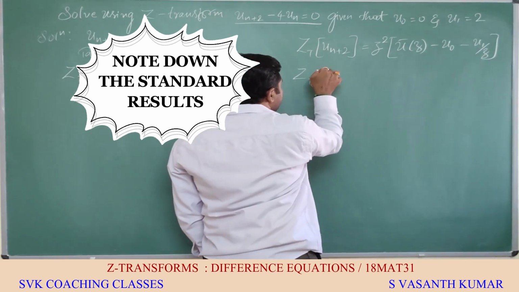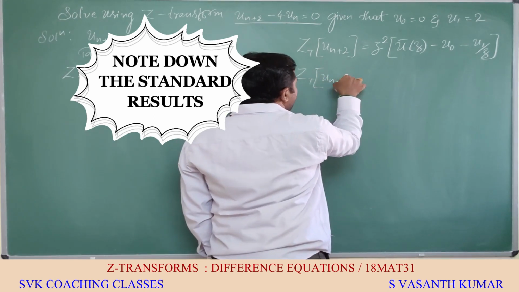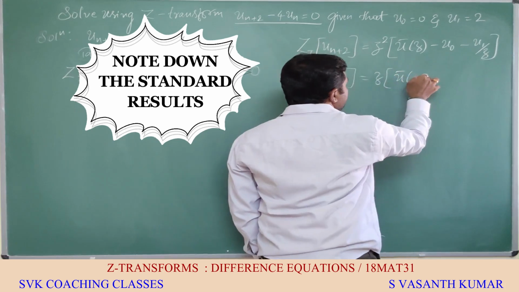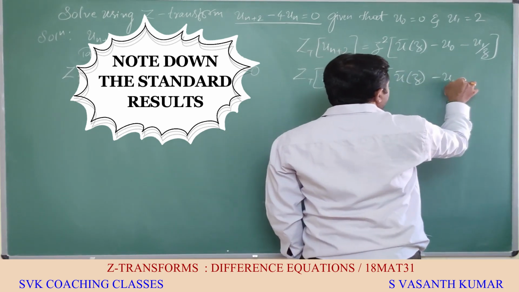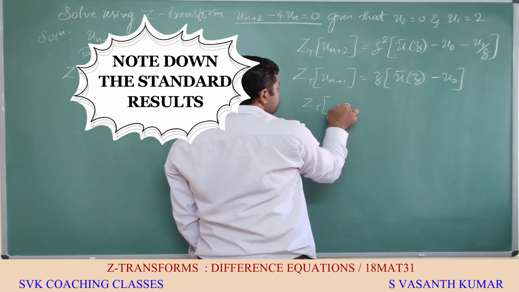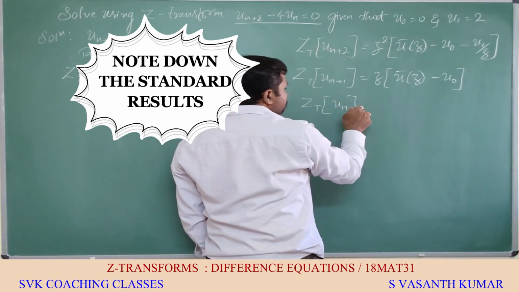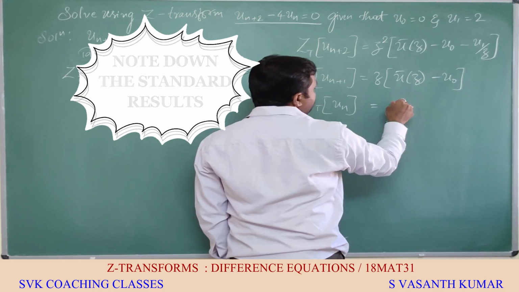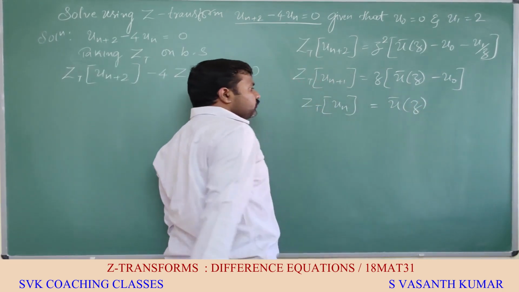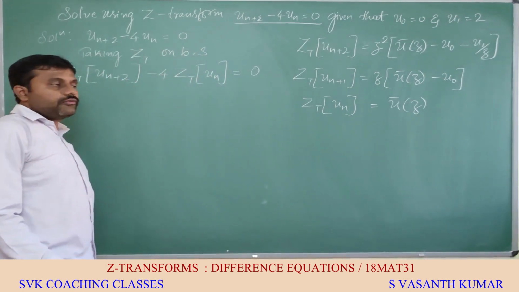Similarly, Z transform of u(n+1) is given by z into u bar of z minus u0. Next, finally, you know the Z transform of u(n) is always equal to u bar of z.